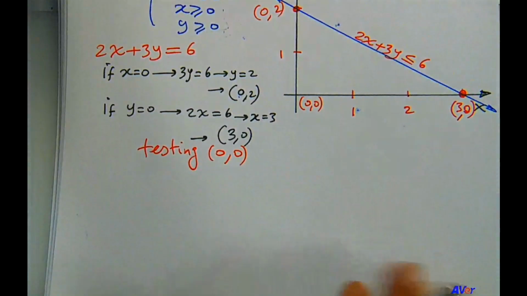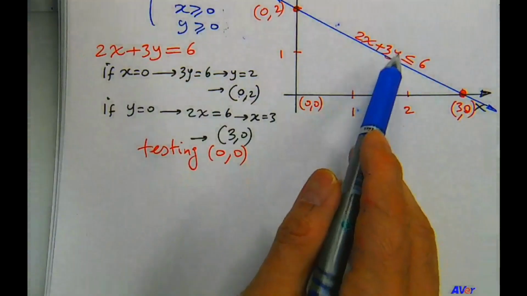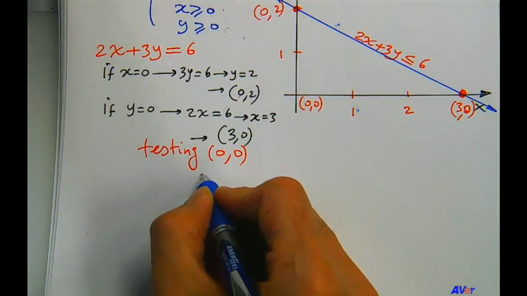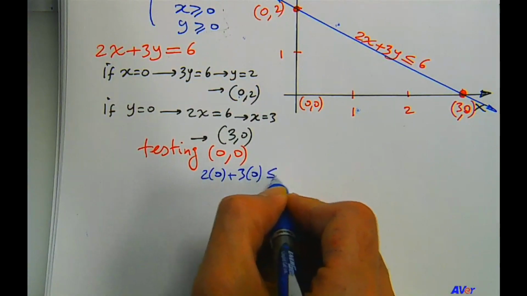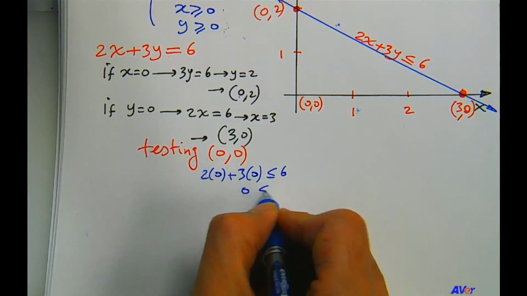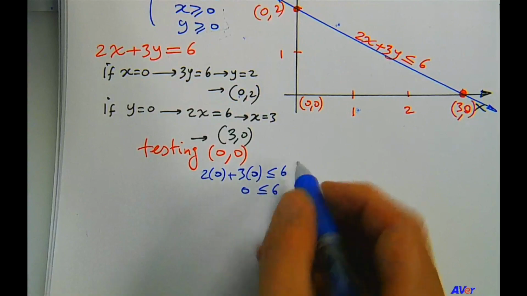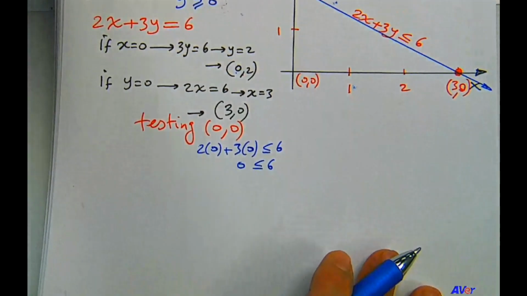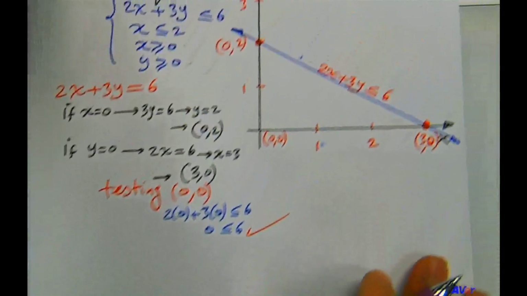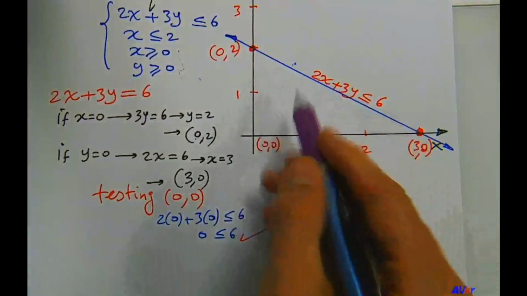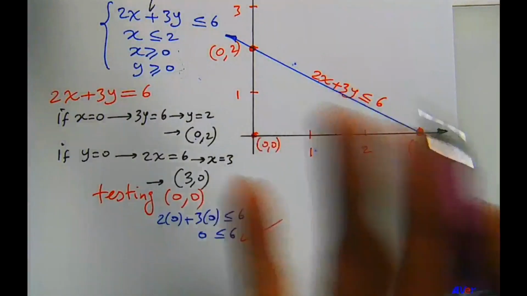So testing 0, 0 in this inequality, we get 2 times 0 plus 3 times 0 less than or equal to 6, 0 less than or equal to 6. Is this mathematical statement true? Absolutely it is true, right? So we picked a test point on this side of this line, which is that, and it checked out.